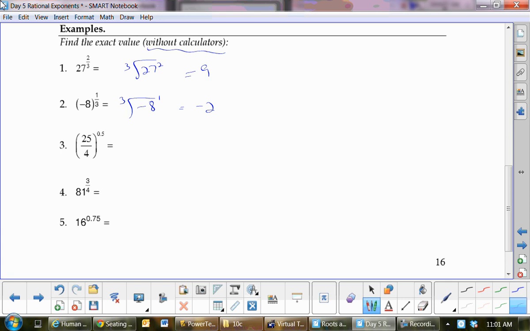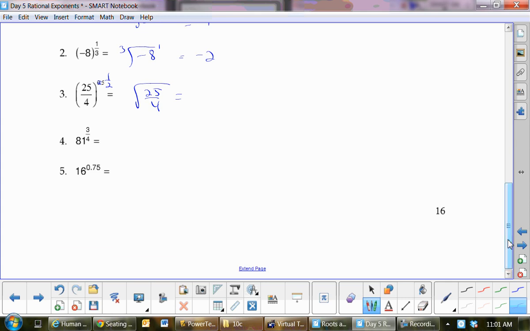Okay. Now 25 over 4 to the exponent 1/2. So then you will go like this. Now, again, fractions take that to another level of intimidation. But all you do is you do the top and you do the bottom.